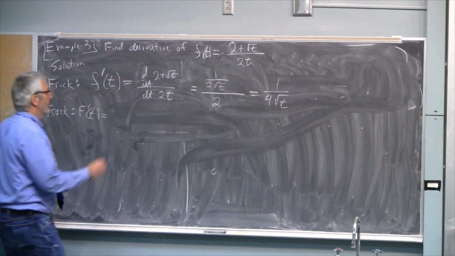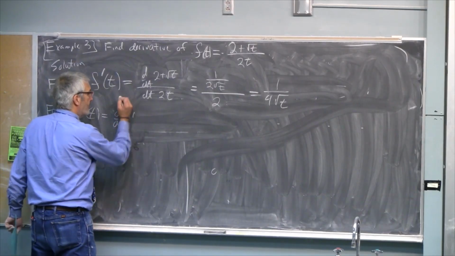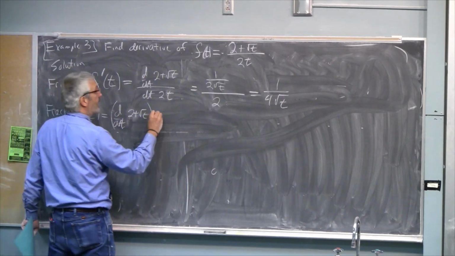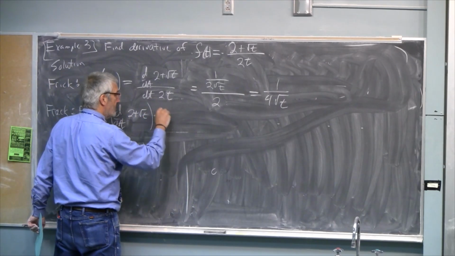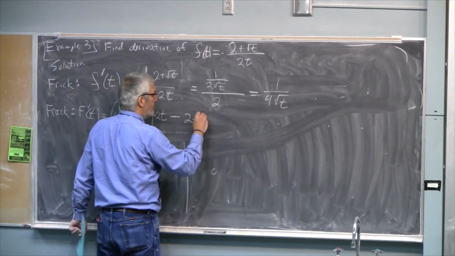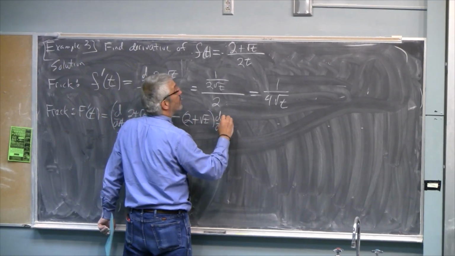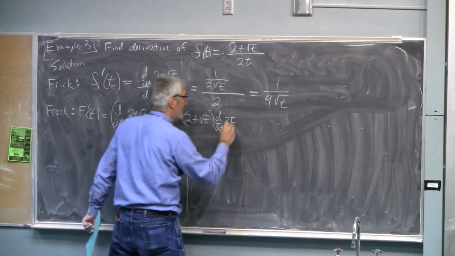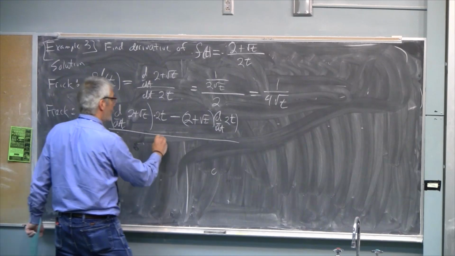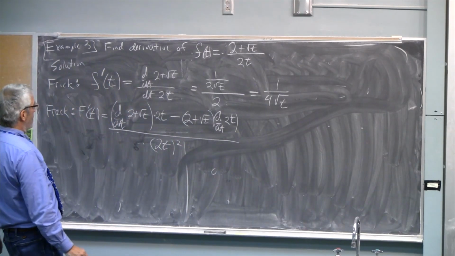Frac does this: the derivative of 2 plus the square root of t, all of that times 2t, minus the quantity 2 plus square root of t times the derivative of 2t, all divided by 2t quantity squared. Okay, so then they go on.